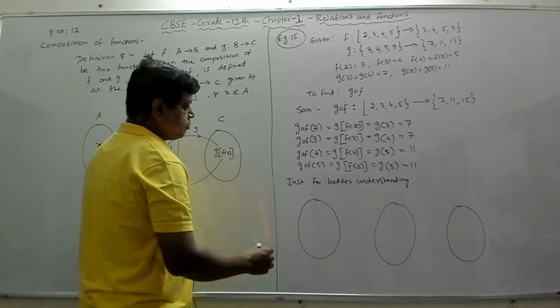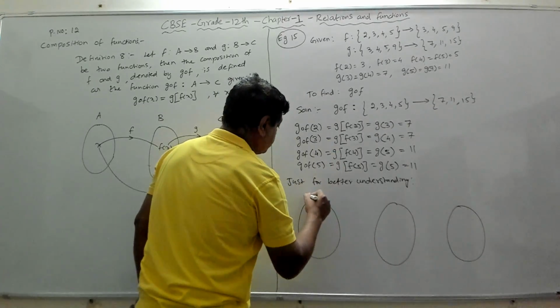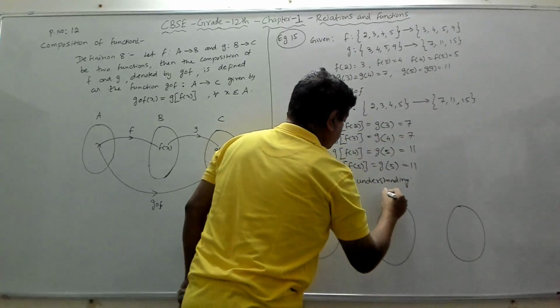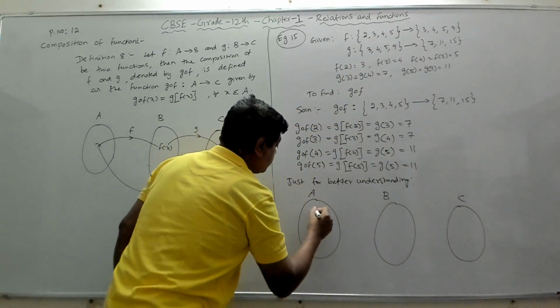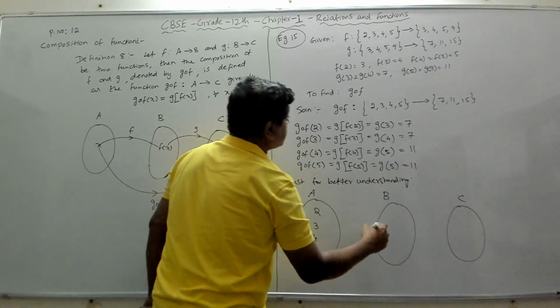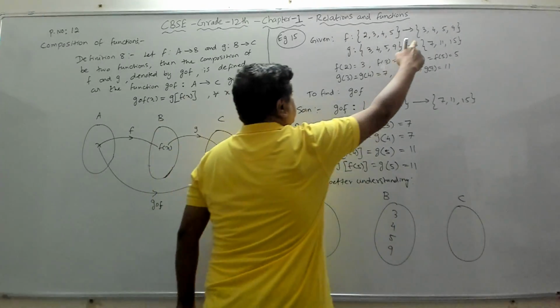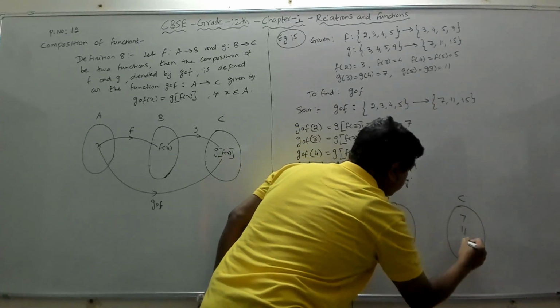Now what we have in the A set: your A set has 2, 3, 4, 5. Then your B set has 3, 4, 5, 9. Then your last set C has 7, 11, 15.